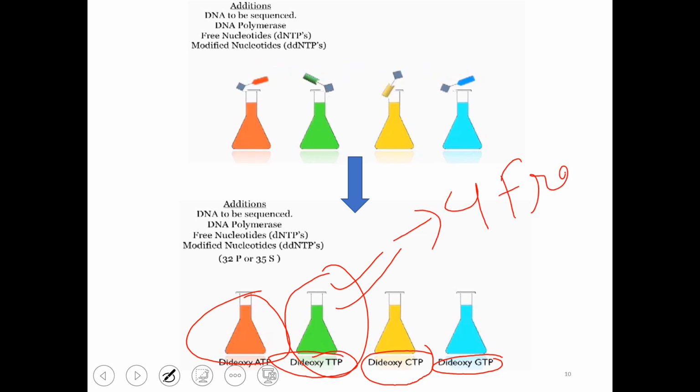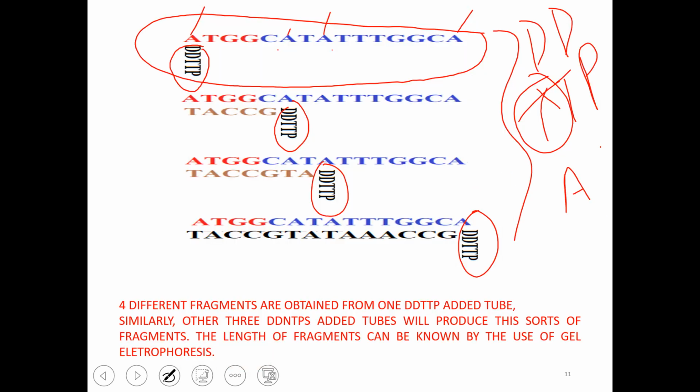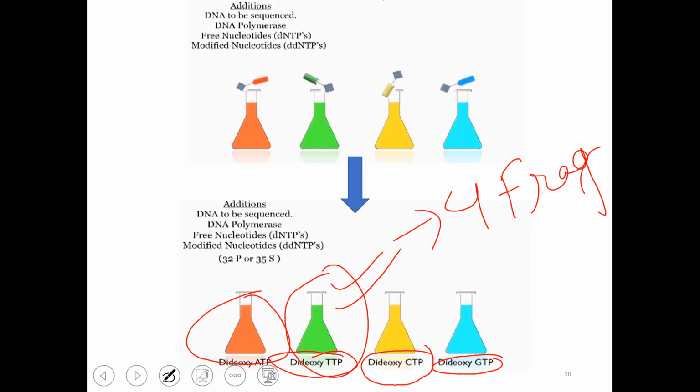I am giving only this example. But if you see here, there is also T 1, 2, 3, 4, 5, so 5T. It means that in this tube there will be 5 different fragments.